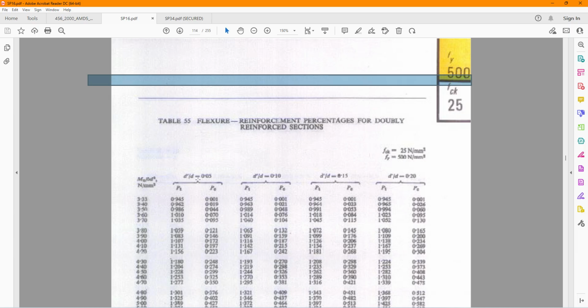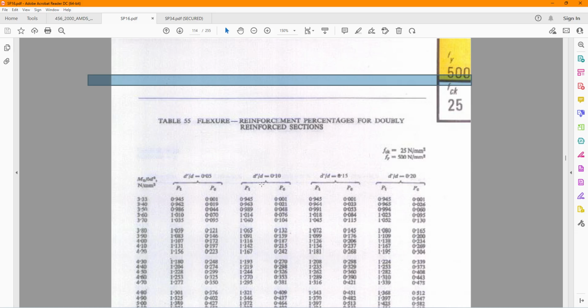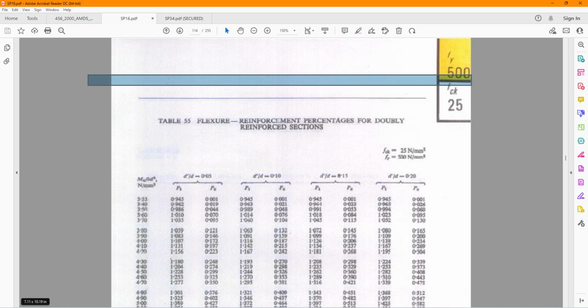You have four values of D dash by D: first one is 0.05, next 0.10, 0.15, 0.20. In our problem, D dash by D value is 0.10, and Mu by BD square value is 4.80.